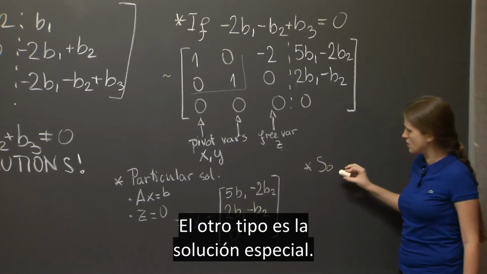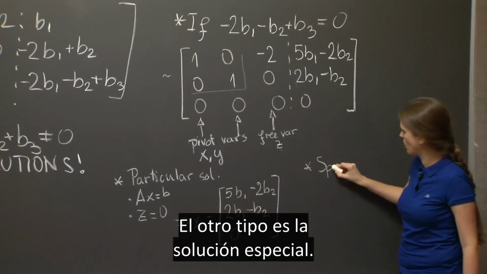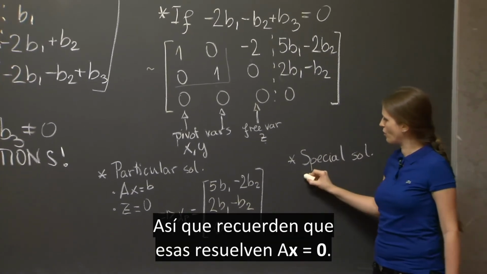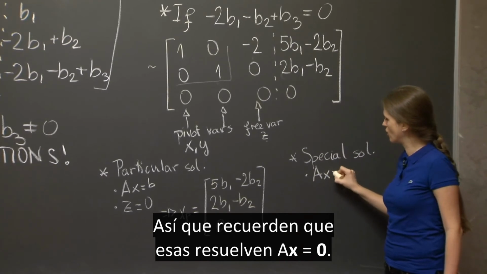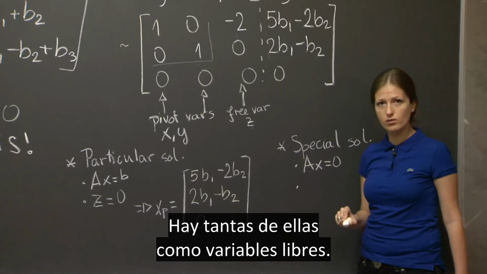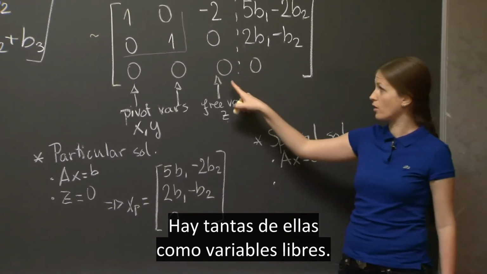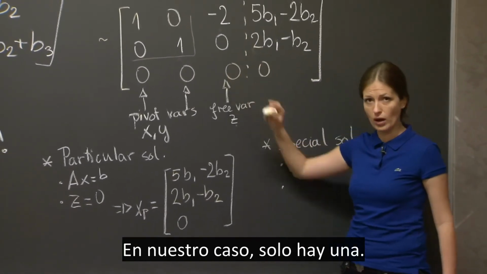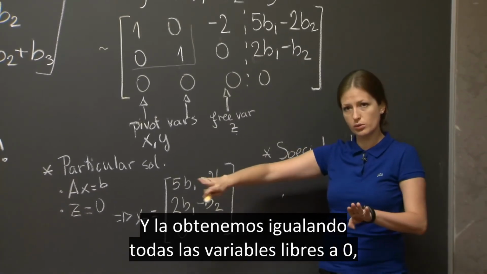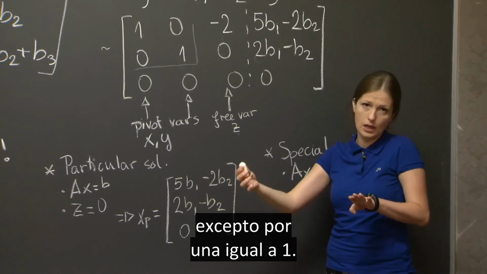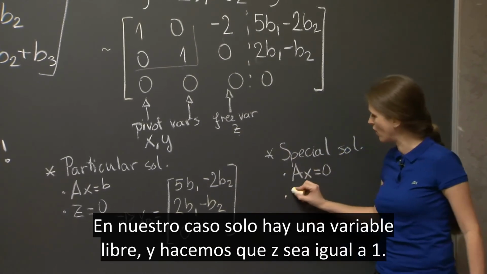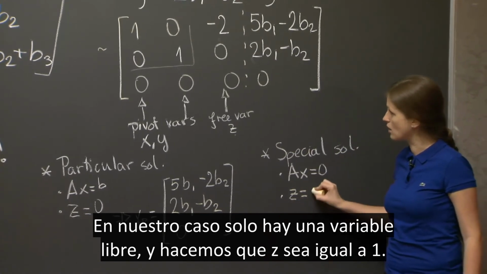The next kind is the special solution. Remember, those solve Ax equals 0. There's as many of them as there are free variables. In our case, there's only one. We get it by setting all free variables equal to 0, except one equal to 1, and do it for every free variable. In our case, there's only one free variable, and we set z equal to 1.